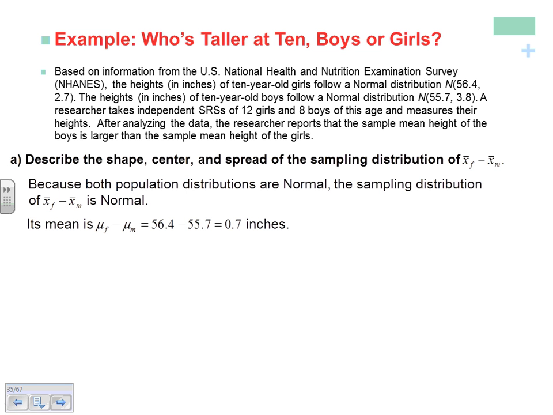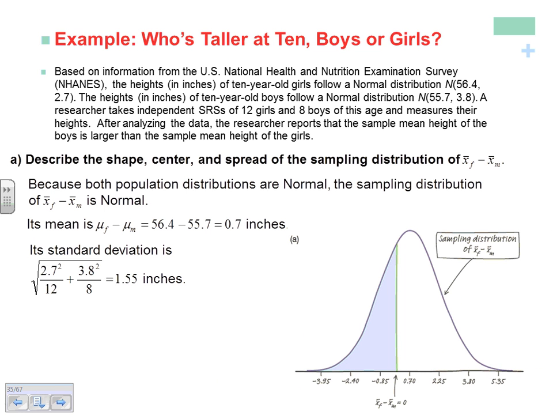So we can say the mean is the mean of the girls minus the mean of the boys. Our standard deviation, we can take the square root of 2.7 squared over 12 plus 3.8 squared over 8, and you're going to get 1.55 inches.